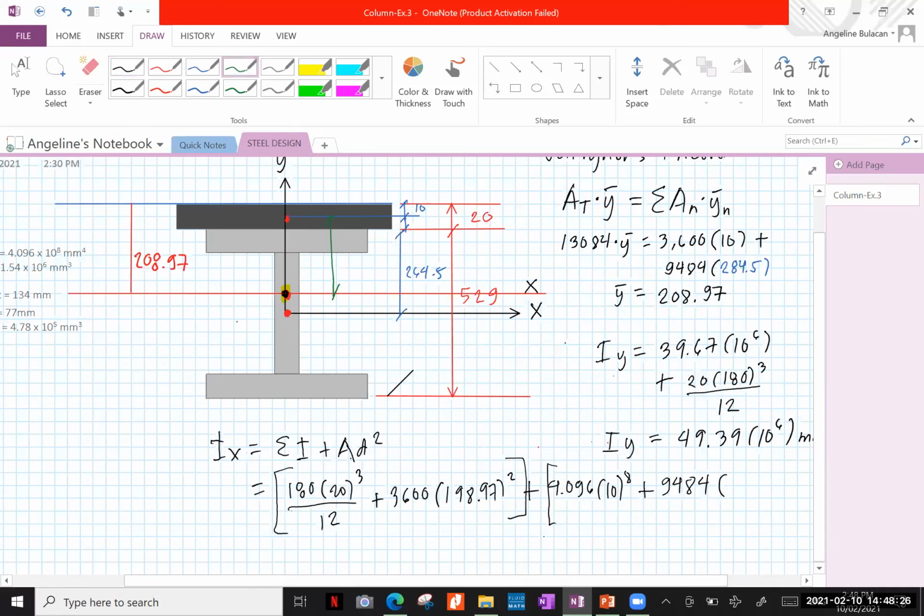Kunin nyo lang yung distance na yan. Madali lang naman. Add nyo to, subtract nyo to, para makuha nyo yung height na yan.